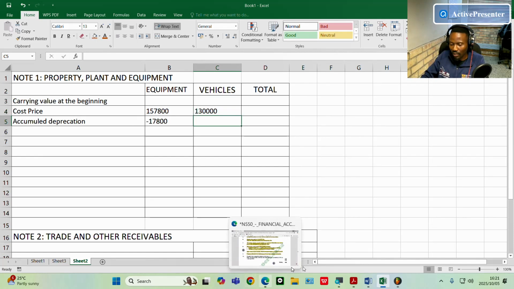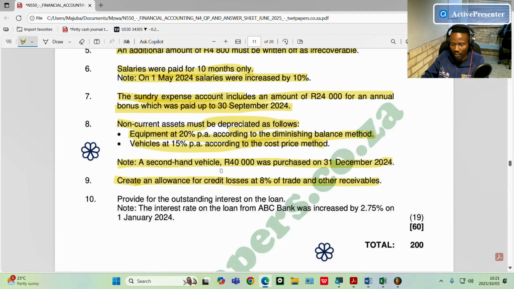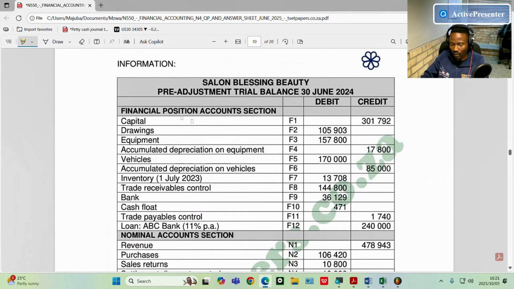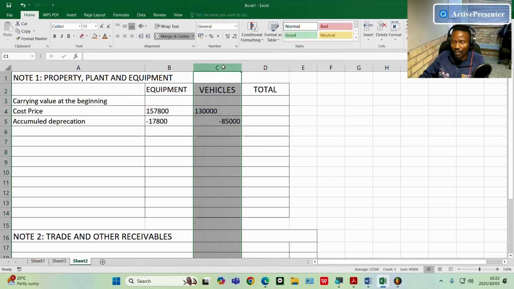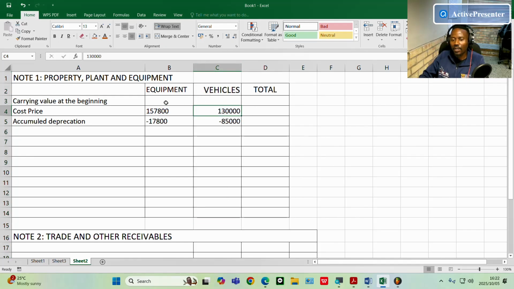Now let me check out the accumulated depreciation. For vehicles, it's 85,000. So it will be easier now. I'm going to take this and minus that to get the amount at the beginning. Don't worry, I'm putting a plus because it's already negative.